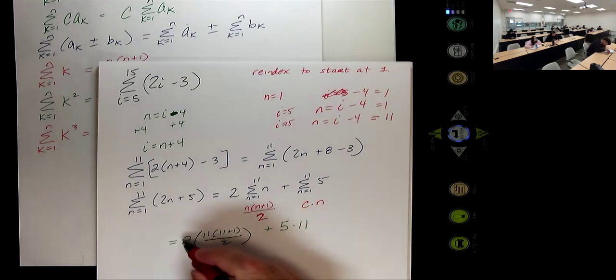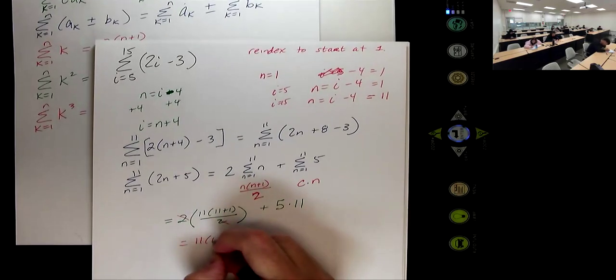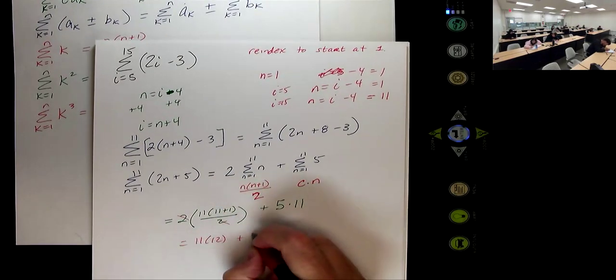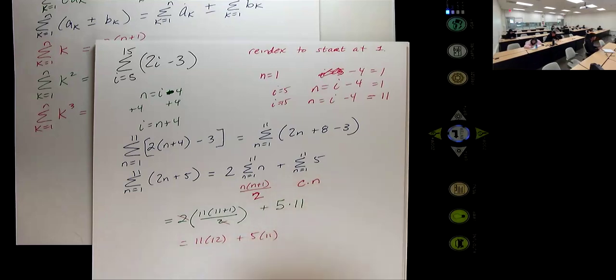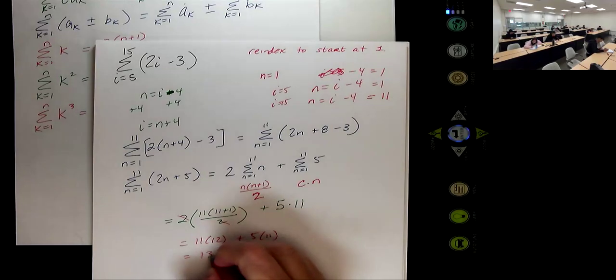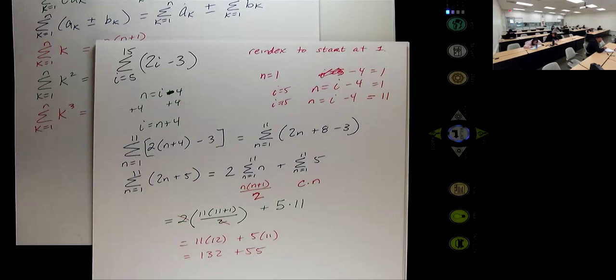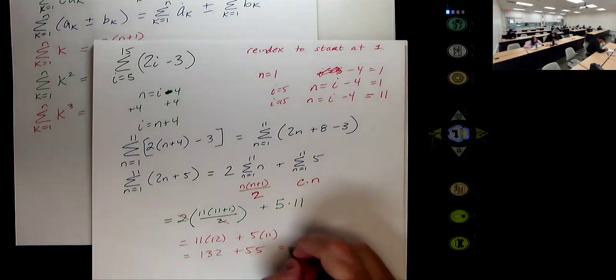The 2's will cancel out, and we have 11 times 12 plus 5 times 11. This is 132 and 55, which is 187.